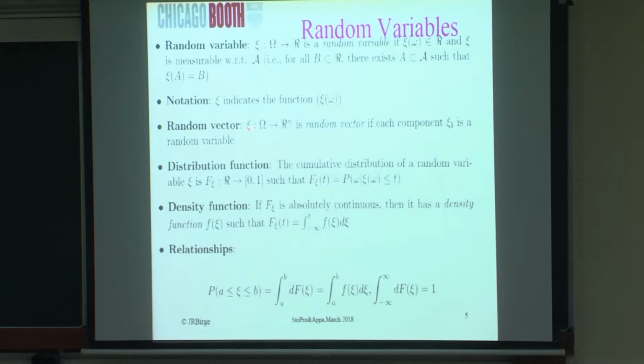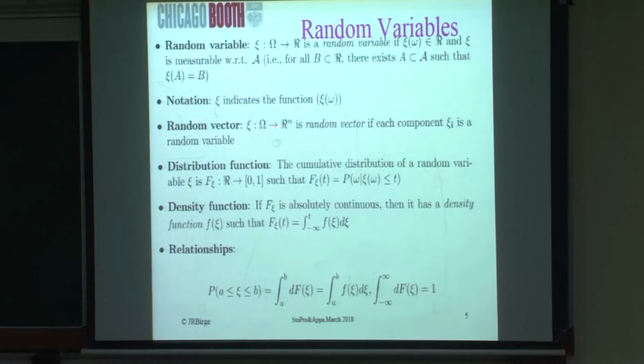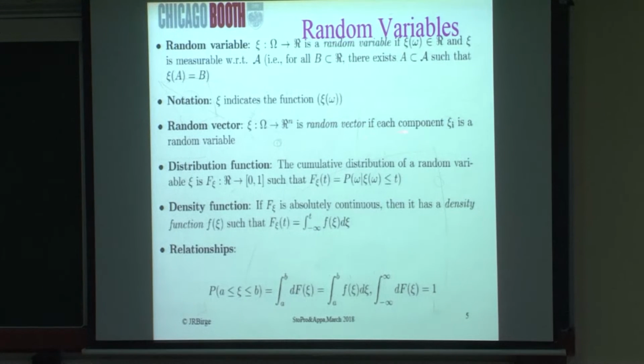Think of this as C again taking some events in omega and mapping them into real numbers. We could think of that as each of the n different components being itself a random number. So there's a random variable that corresponds to each one of these components.